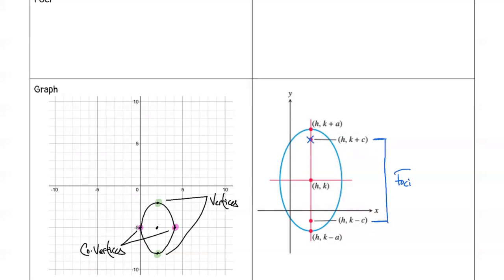I usually mark these with an X when I'm drawing my diagram, so I know they're different from the other ones. But as you're drawing your graphs, you should make sure that you have the foci there, okay?